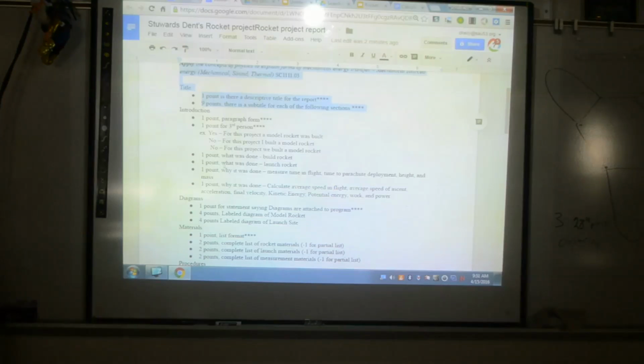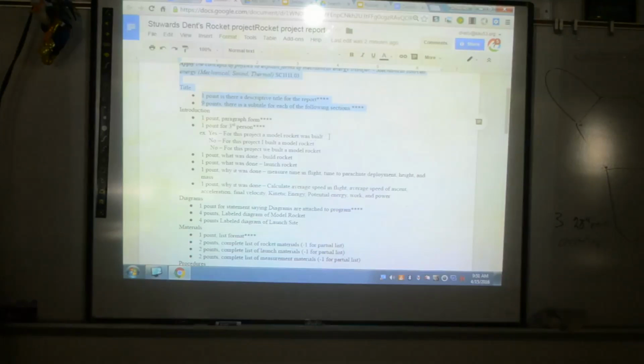You want to say what was done after you built the rocket, you launched the rocket, and you want to say why we did that. And we did that so we could measure the time in flight, parachute deployment, height, and mass. And last but not least, we also did this so we could calculate average speed in flight, average speed of ascent, and final velocity.